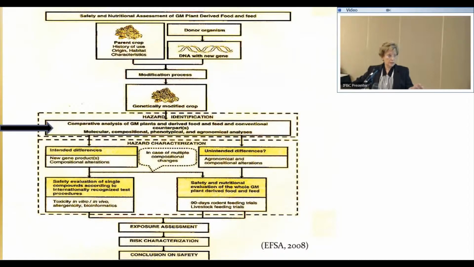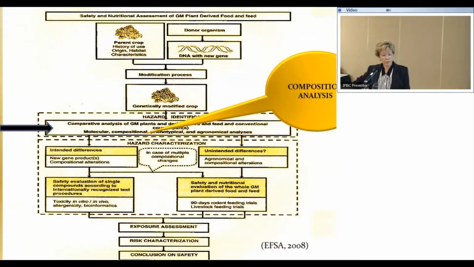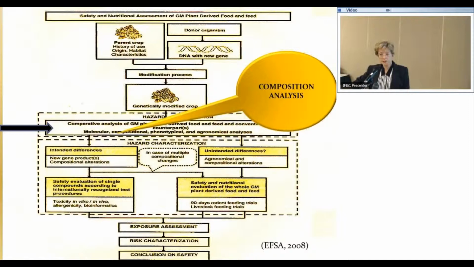And yeah, the unintended effects, where there are differences between the phenotypic and the compositional analysis. That could, in a safety assessment, for example, involve toxicology studies. Thereafter, exposure assessment, risk characterization, and then conclusion on safety. So your composition analysis is key, again, in this assessment.